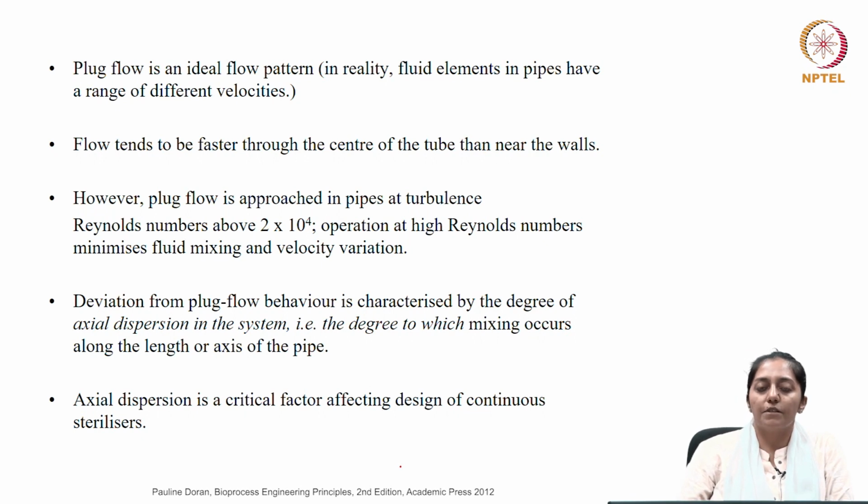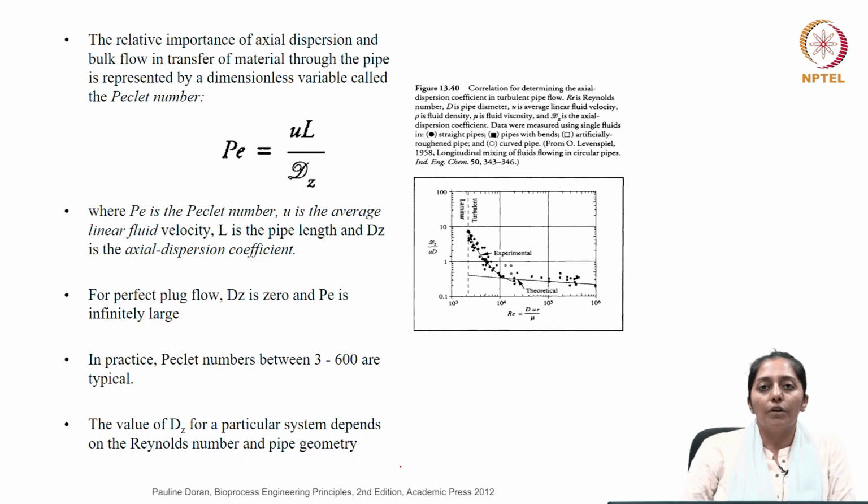Now this axial dispersion therefore becomes a critical factor affecting the design of the continuous sterilizer. Now in order to find the relative effect of axial dispersion in this process, we use the Peclet number, which talks about the relative importance of axial dispersion and bulk flow motion during the transfer of the material through the pipe.